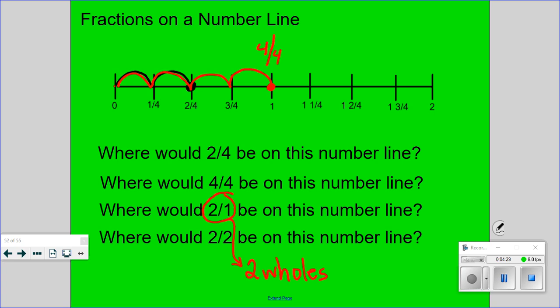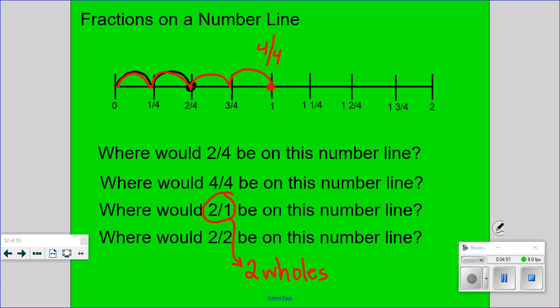Lincoln, where do you think that one's going to go? The one we're just talking about. I was thinking it would be right between the 1 whole. You think it would be right on 1 whole?